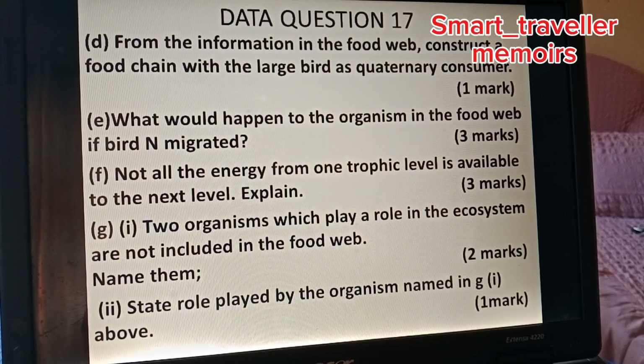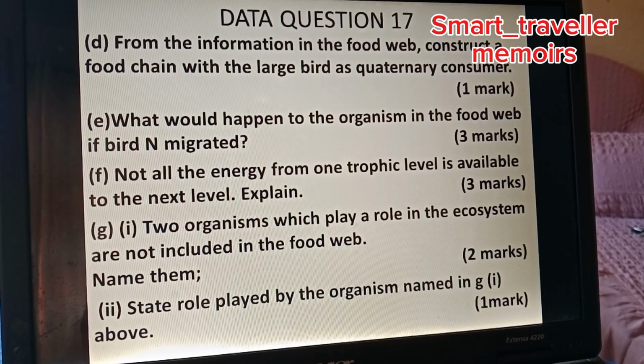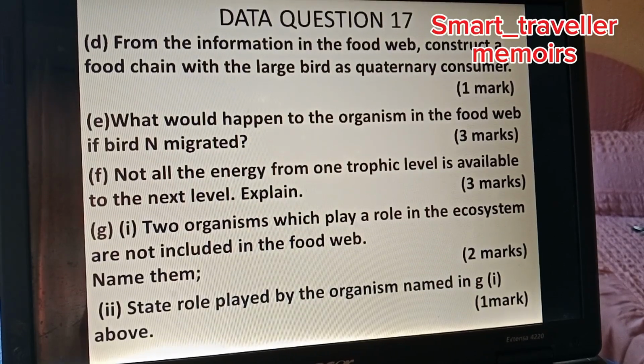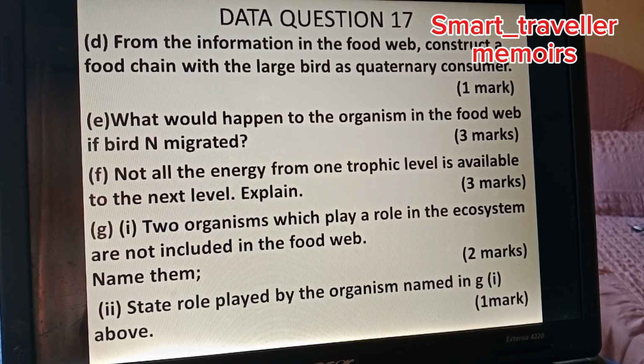From the information in the food web, construct a food chain with the large bird as quaternary consumer. Then, what would happen to the organisms in the food web if bird N migrated?